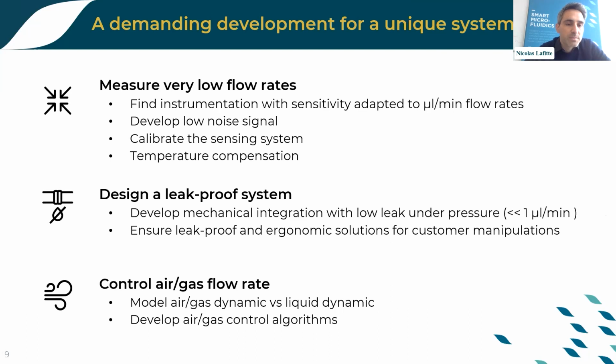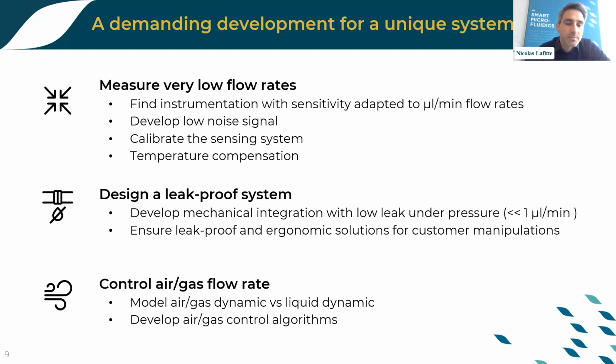It has been complicated to develop instrumentation with a high sensitivity adapted to microliter per minute flow rates. As has been said, we try to address flow rates from microliters per minute up to milliliters per minute. For that, we have to choose and develop all the electronics and all the systems inside the sensor. To get this sensitivity, we have to develop a very low noise signal in order to get these very low signals from microliters per minute.